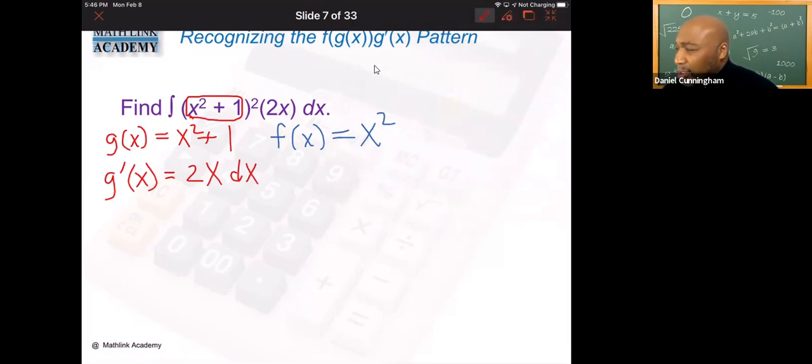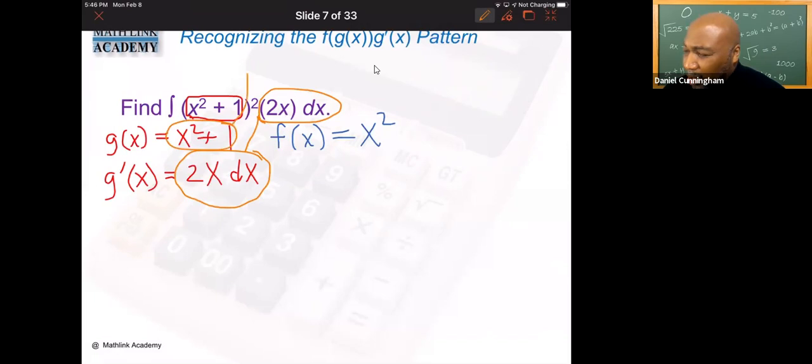If you notice that this piece is right here, and then we also have our g of x being x squared plus 1, and we know the outside is there.